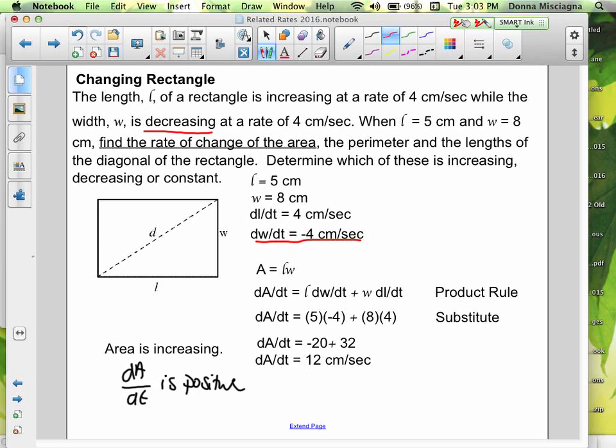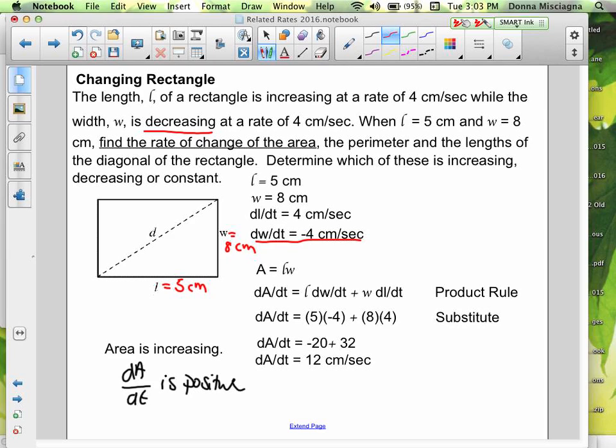So first of all, we're going to find the rate of change of the area, the one that's underlined in this problem here. All right, so always you want to draw a picture. Here I have a picture of a rectangle. The length of the rectangle is 5 centimeters. The width is 8 centimeters.